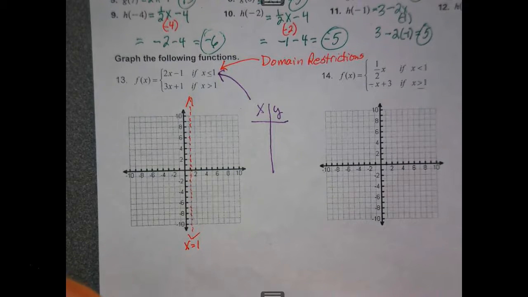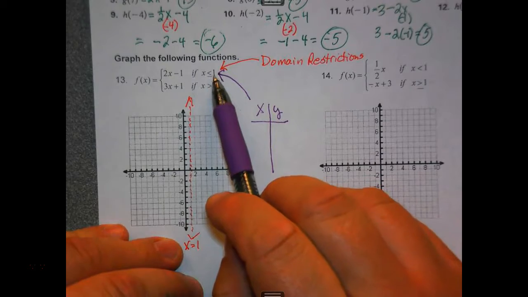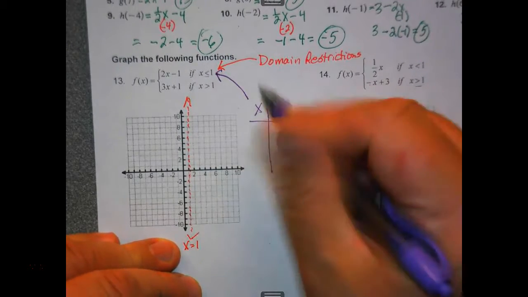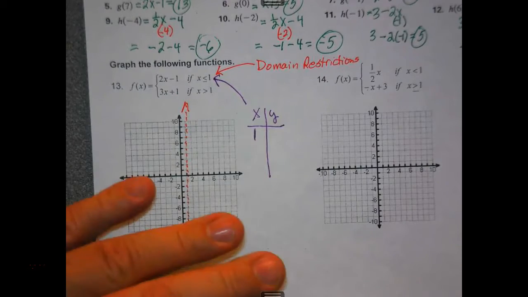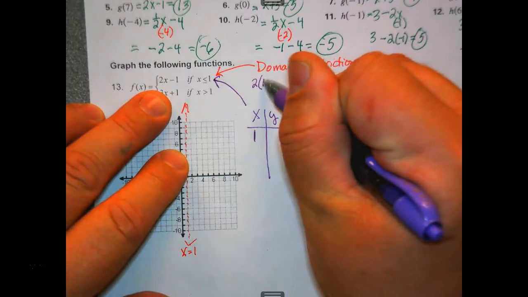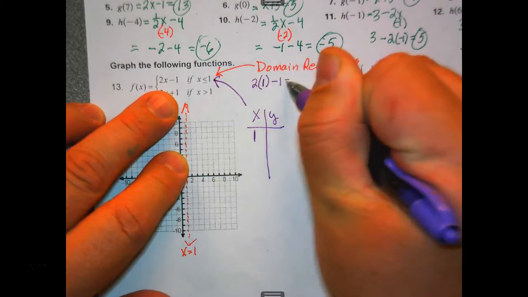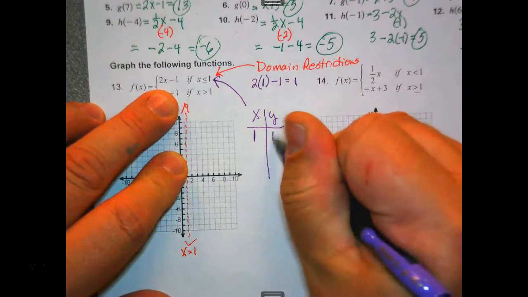Which point do you think I should pick always? How about the boundary point there? 1. Remember, I choose x, I have to solve for y. So I put in 2 times 1 minus 1. What does that equal? Happens to equal 1 this time.